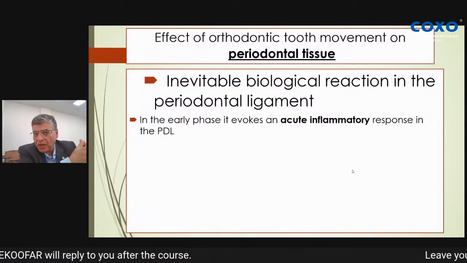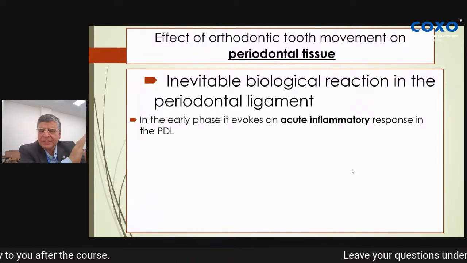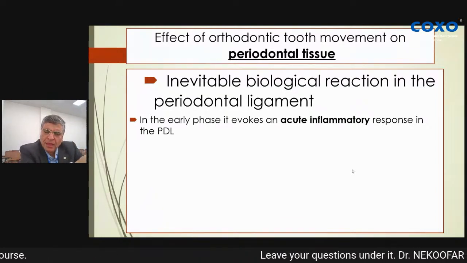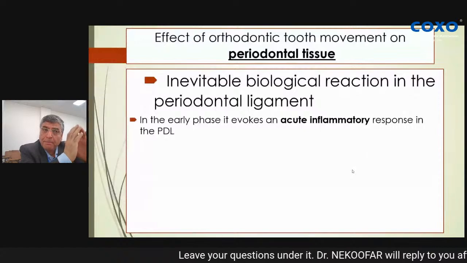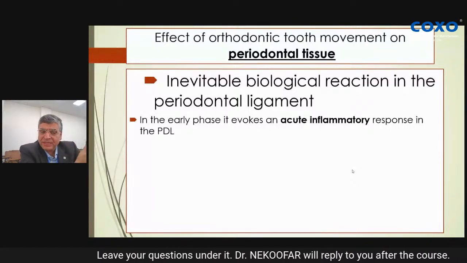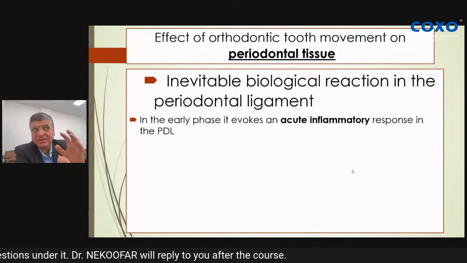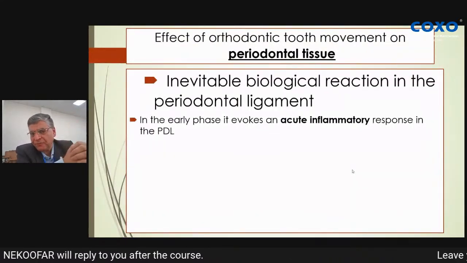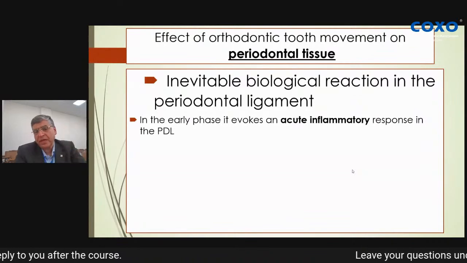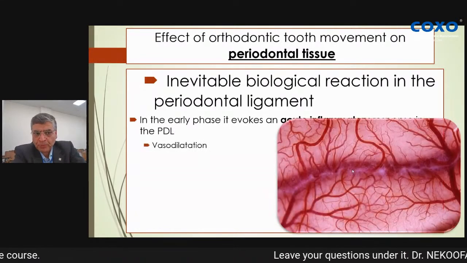We need to be very careful and try to distinguish between the acute inflammatory response in the periapical tissue and the acute inflammatory response in the pulp, because these two are completely different. And we need to be very careful about that.